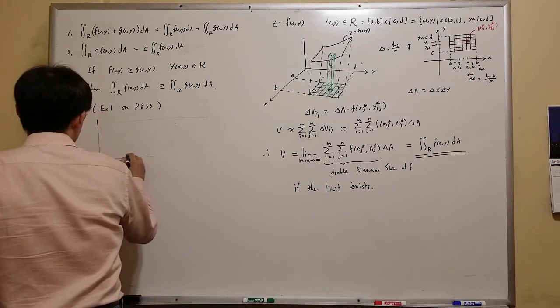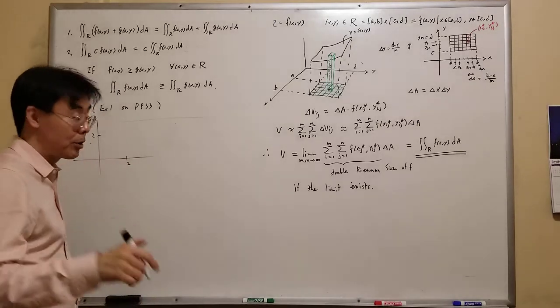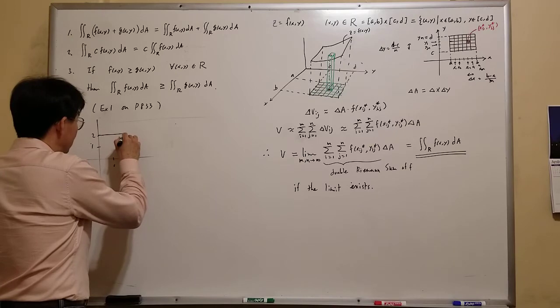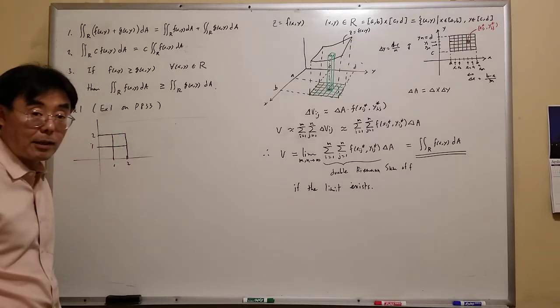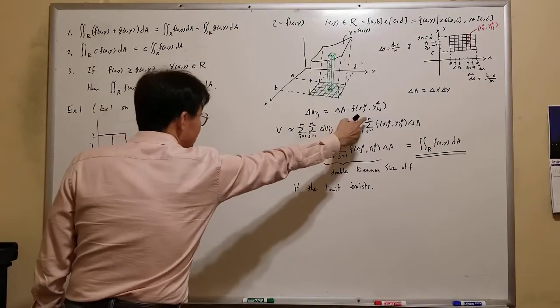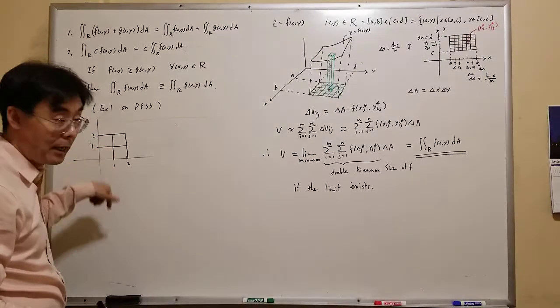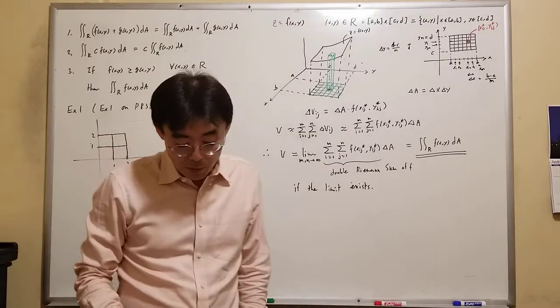Your domain is from 0 to 2 by 0 to 2. In order to have 4 squares, you have to divide into 2 and 2 along x and y. So in this case, both m and n are 2. Delta x equals 1, delta y equals 1, so delta A equals 1 times 1, a unit square.